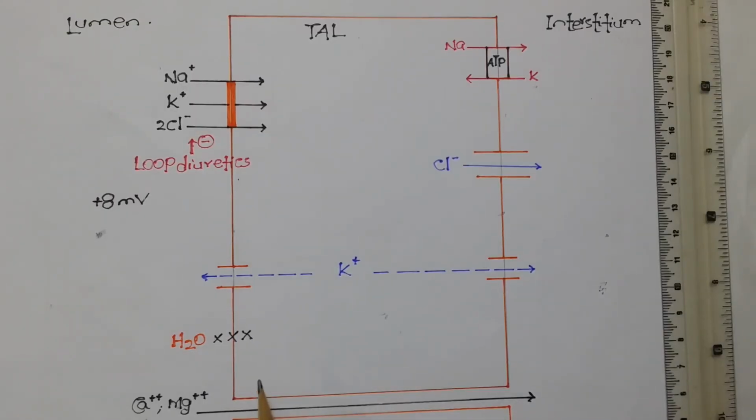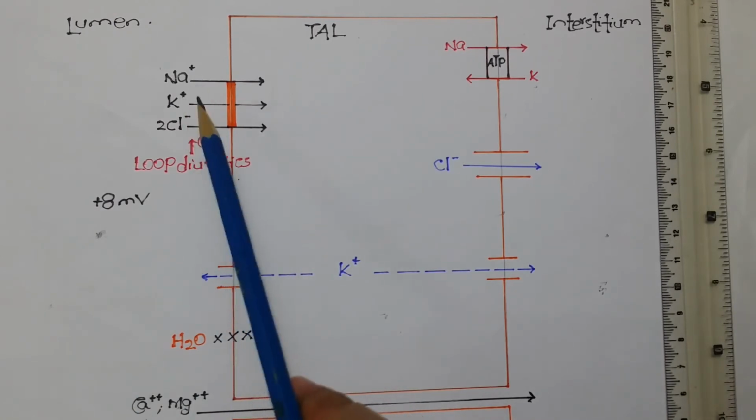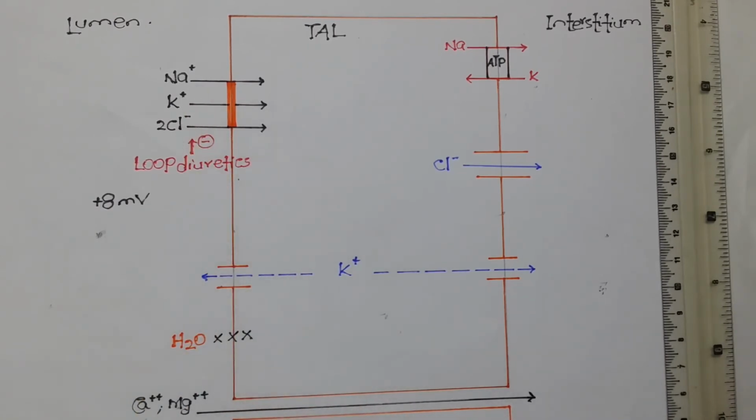As we discussed earlier, the thick ascending limb of the loop of Henle is virtually impermeable to water. So it keeps on absorbing solutes like sodium, potassium, chloride, calcium and magnesium from the tubular lumen while leaving water behind in the tubular filtrate.